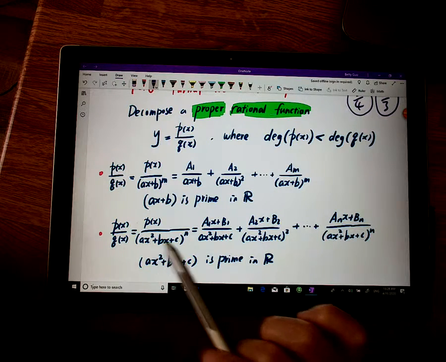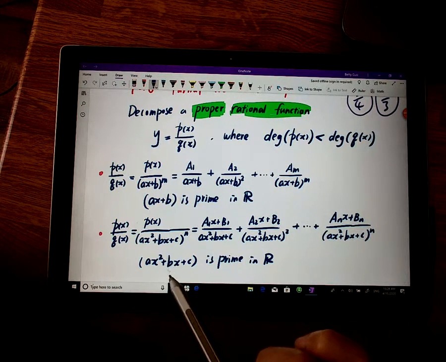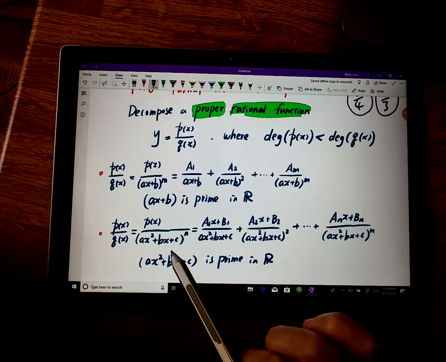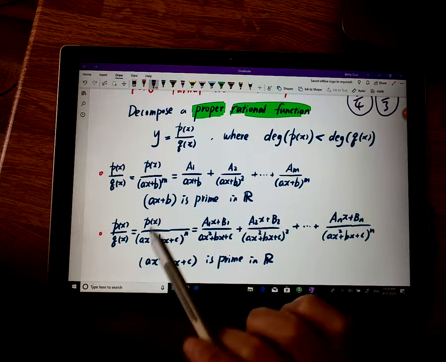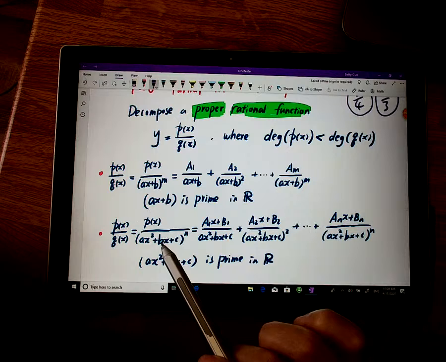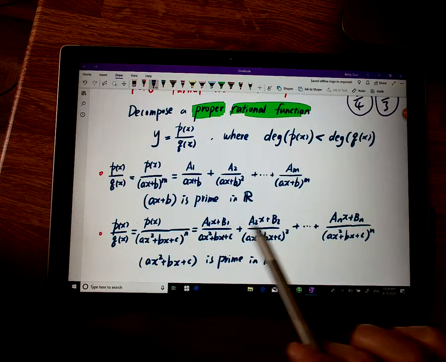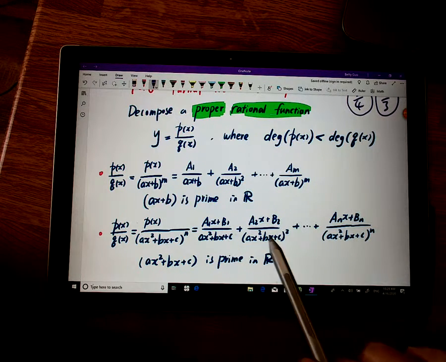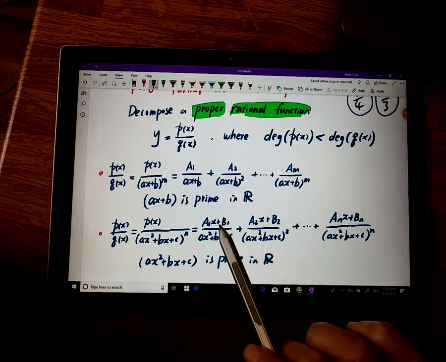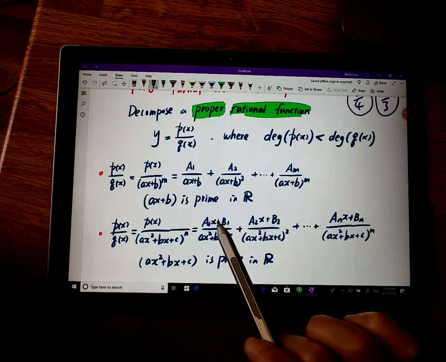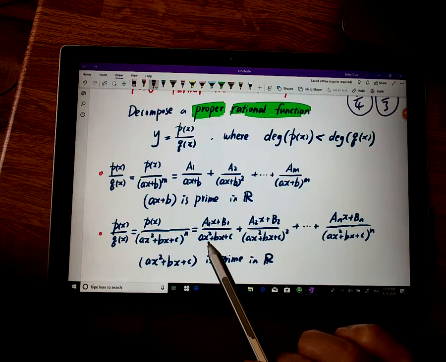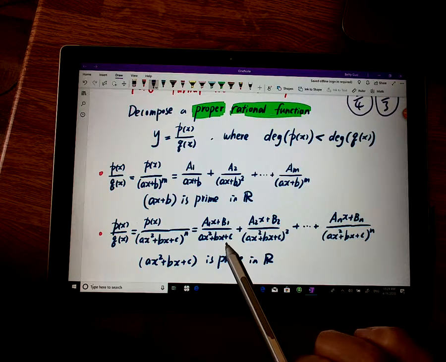If the quadratic trinomial is prime in the real number set, then we are able to decompose this rational function as the sum of n terms. The first term has a linear polynomial on top over the prime quadratic trinomial ax squared plus bx plus c.